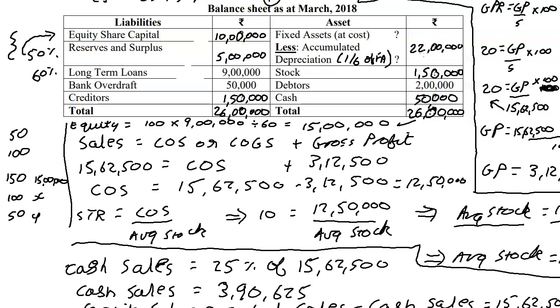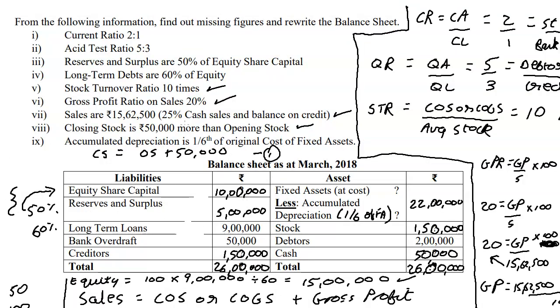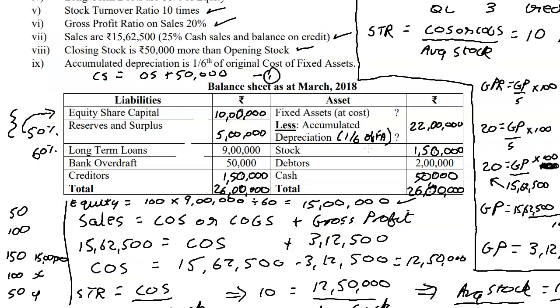But there are question marks within as well. And remember how I wrote this as 1 by 6. Why have I written it as 1 by 6? Because they have said it is 1 by 6. Okay, they've said that the accumulated depreciation is 1/6 of the fixed assets.